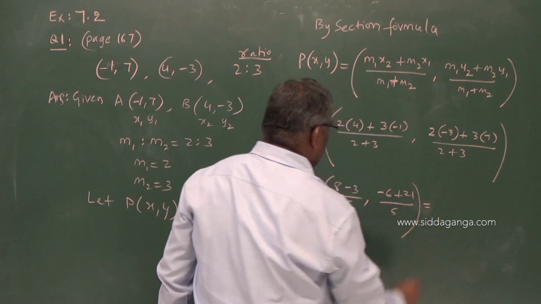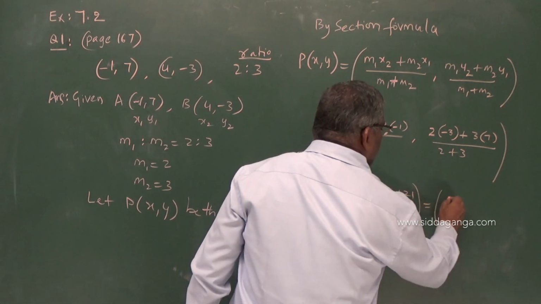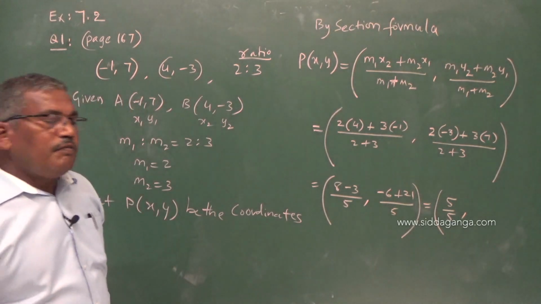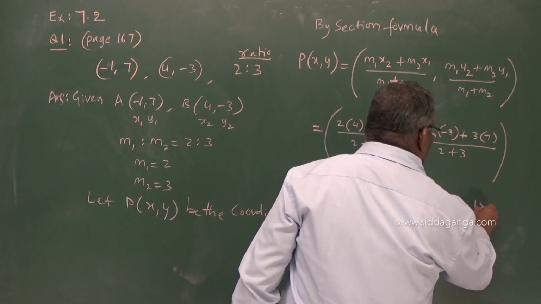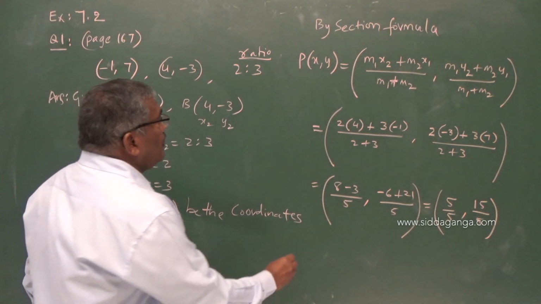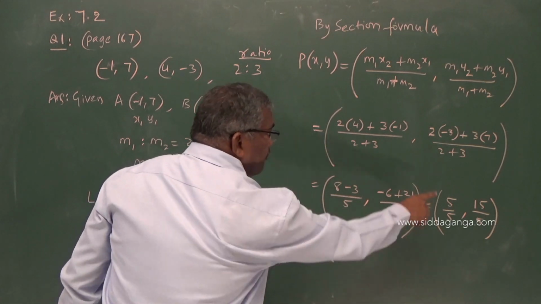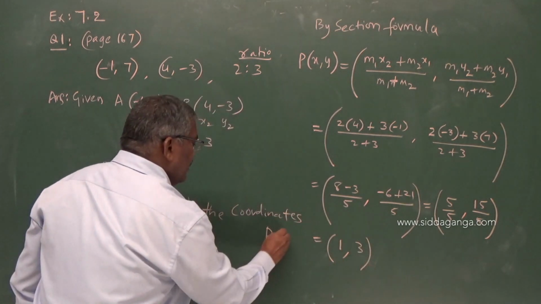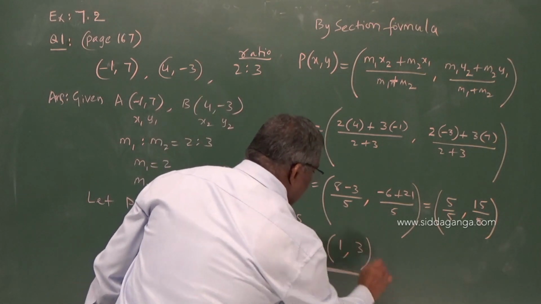So this equals minus 8 minus 3, that is 5, so we get 5 divided by 5, and minus 6 plus 21 is plus 15, 15 divided by 5. Therefore, the coordinates of P are 5 by 5 is 1 and 15 by 5 is 3. So P(x, y) equals (1, 3). This is the answer.